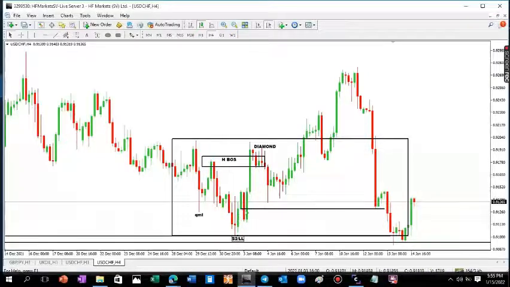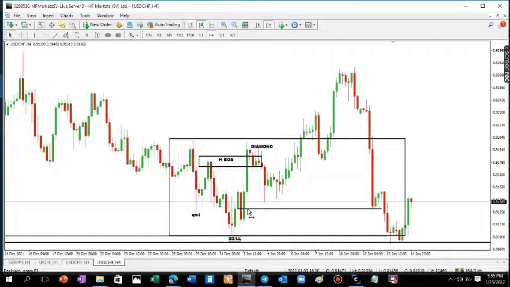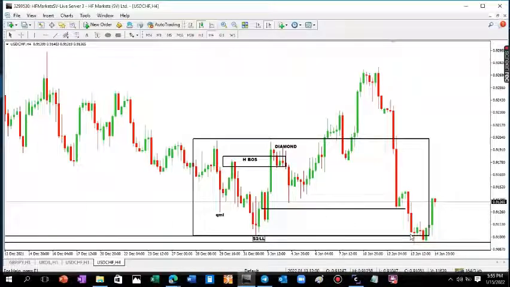If you're trying to buy at this level, you'll probably be taken out. The market came to this level, took everyone who was trying to buy at this level, took out all the support and resistance traders, the breakout traders, and then it just nicely gave us a nice pin bar right there and took off.